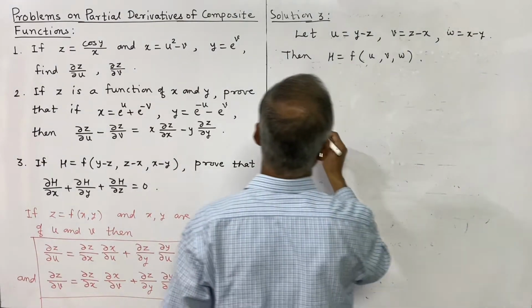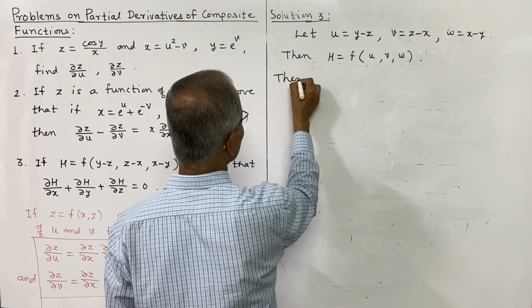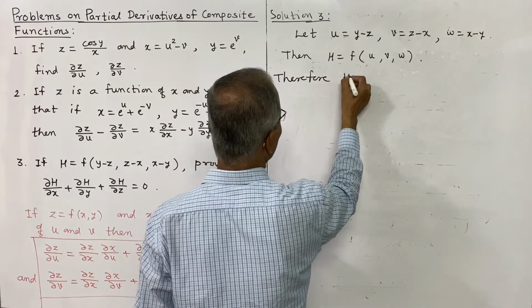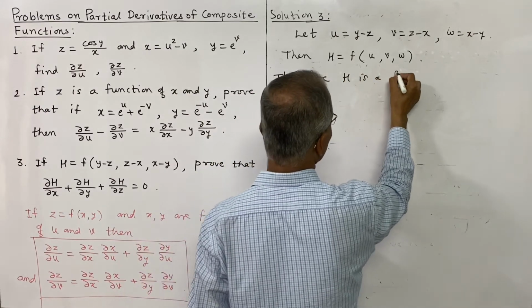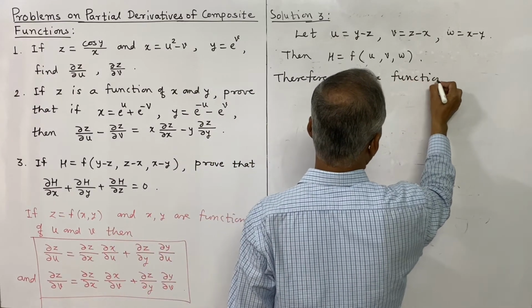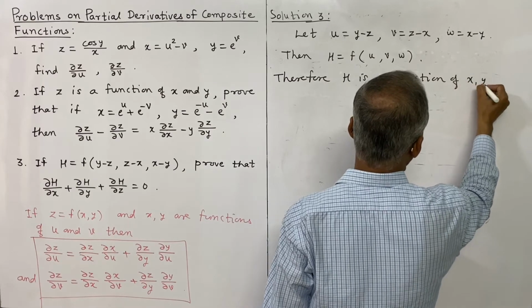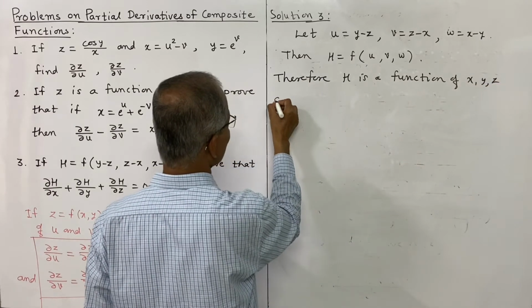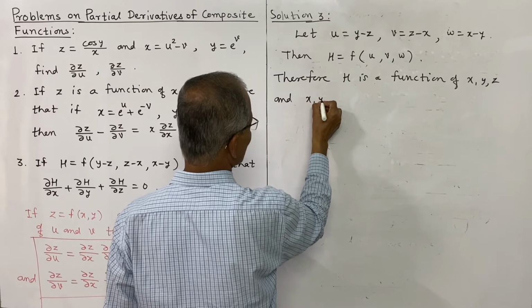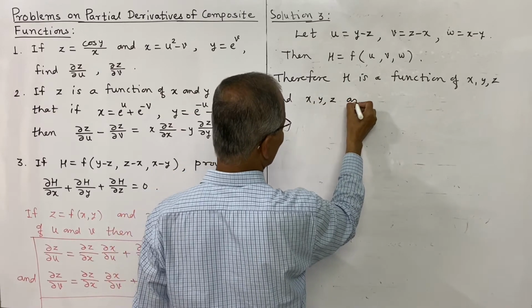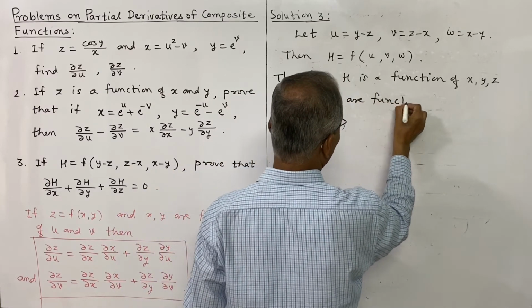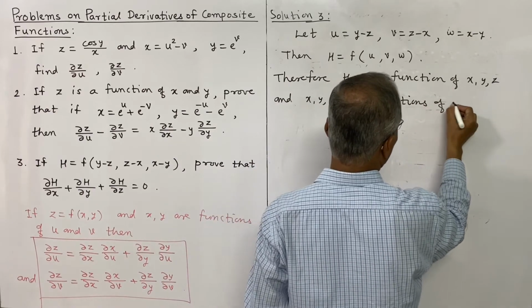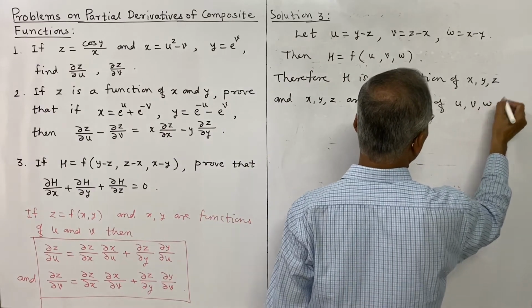Thus, therefore h is a function of x, y, z, and x, y, z are functions of u, v, w.